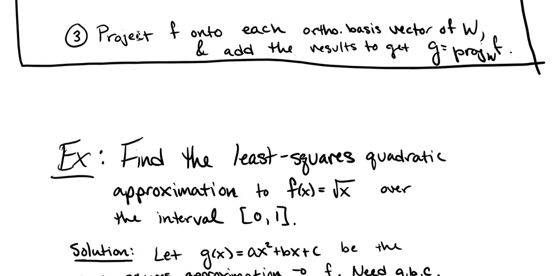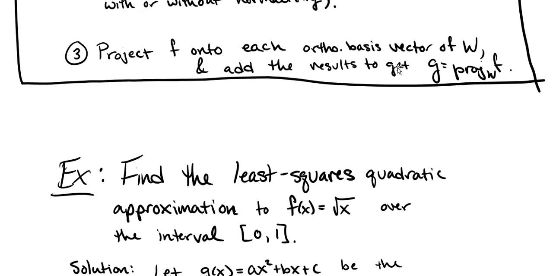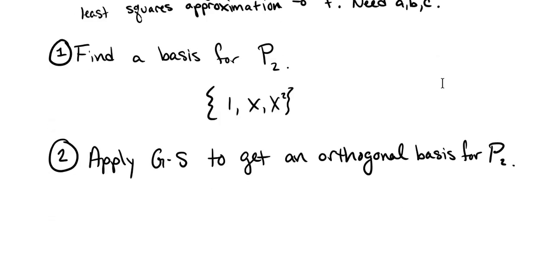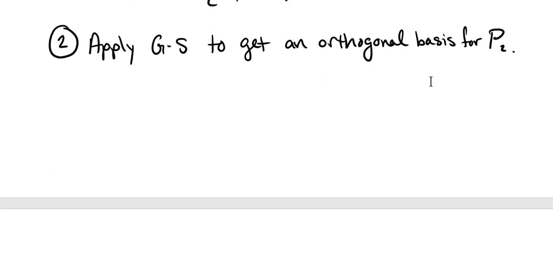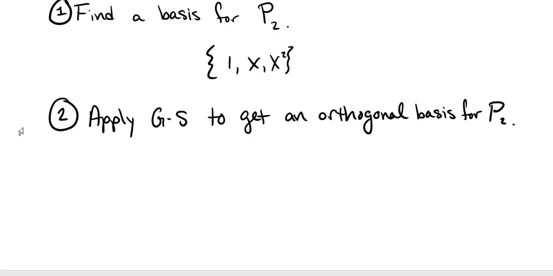So let's see how that goes, and then we'll get to that last step of actually projecting F onto each of those orthogonal basis vectors that we've created. Let's get to Gram-Schmidt first. Remember, Gram-Schmidt says whatever your basis is, call it V1, V2, V3, you're trying to come up with a set of vectors U1, U2, U3 that are orthogonal but have the same span as V1, V2, and V3.